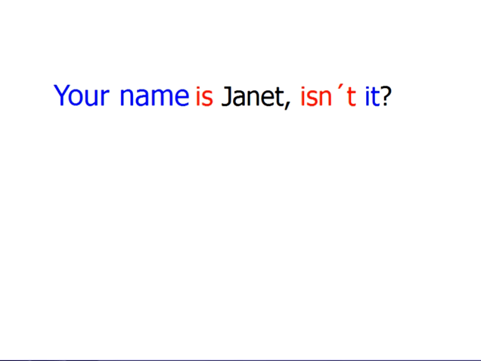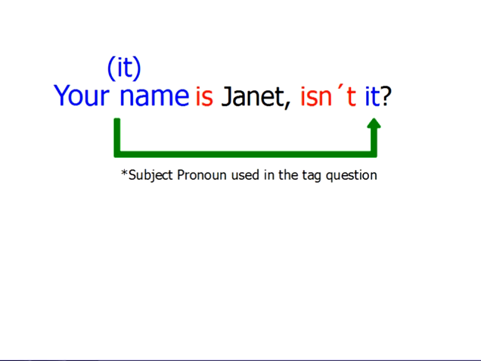I'm going to use a subject pronoun in my tag question. Subject pronouns are things like I, you, he, she, it, they, and we. In the context of your name, it is it. It is a thing. So I'm going to use the subject pronoun it in my tag question.